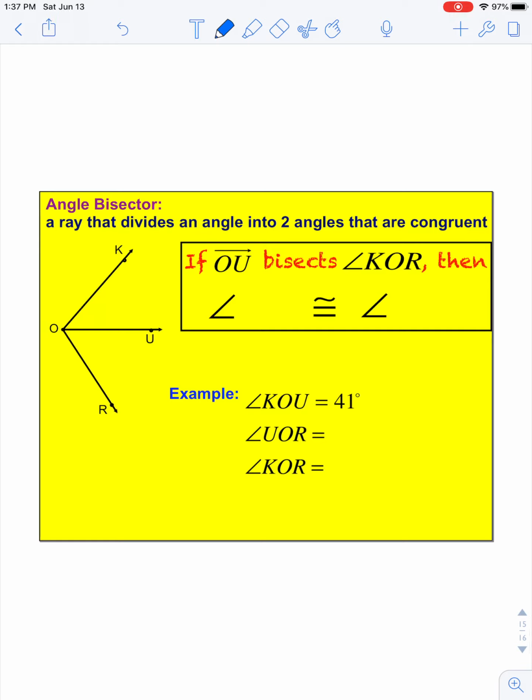Angle bisector. Okay, angle bisector, again like segment bisector, is a ray that divides an angle into two congruent angles.